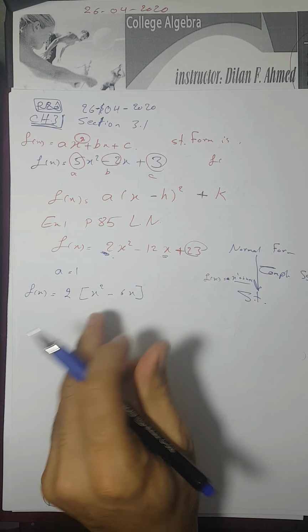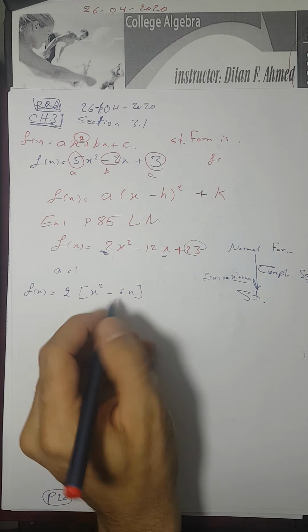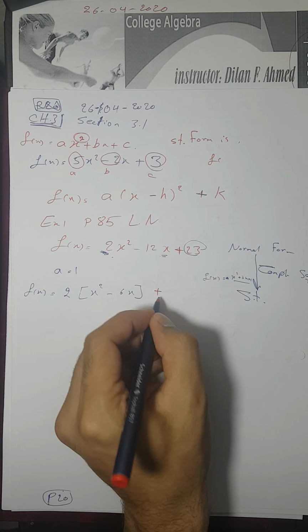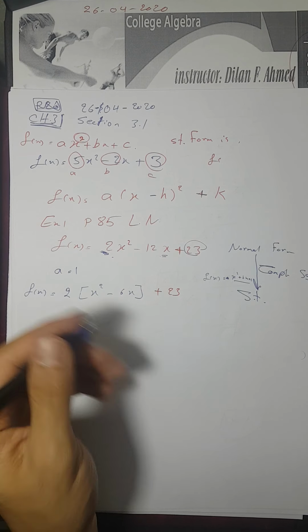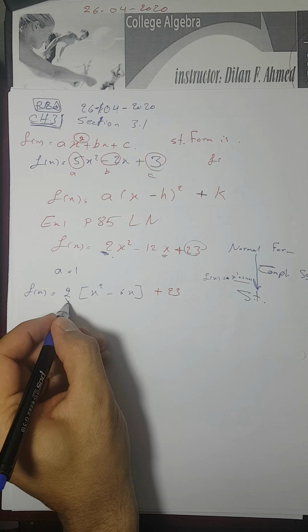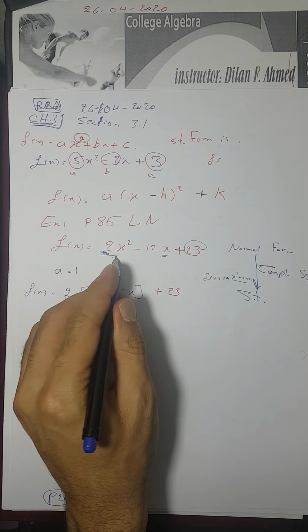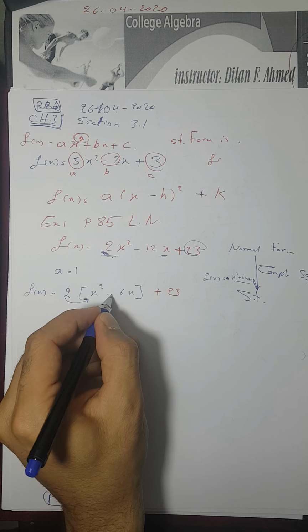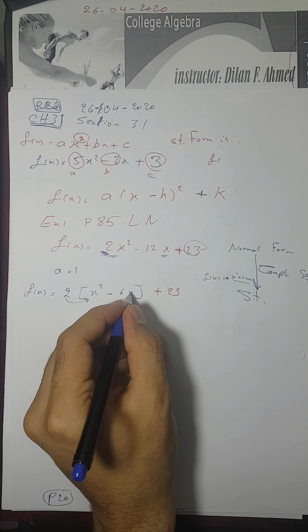Forget about the third one because we put a bracket here. For more exercise, try to multiply this one to there. 2 multiplied by x squared gives 2x squared, and 2 multiplied by minus 6 gives minus 12x. So that's why we can do it.